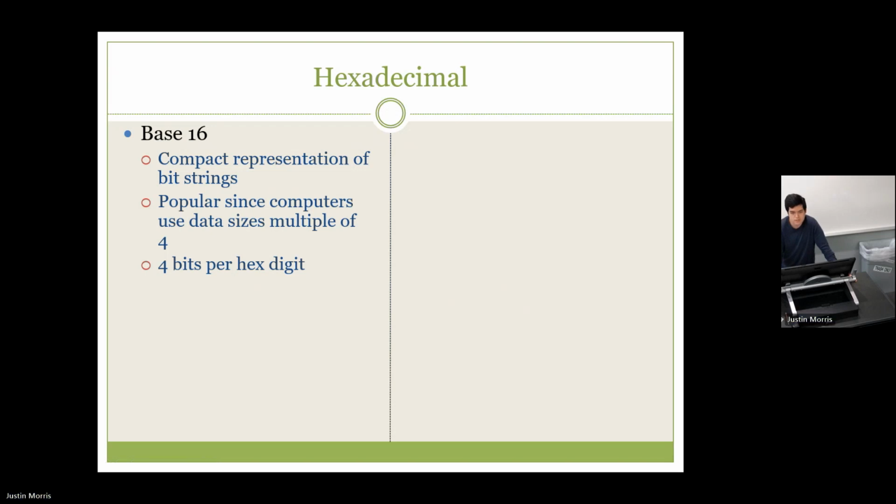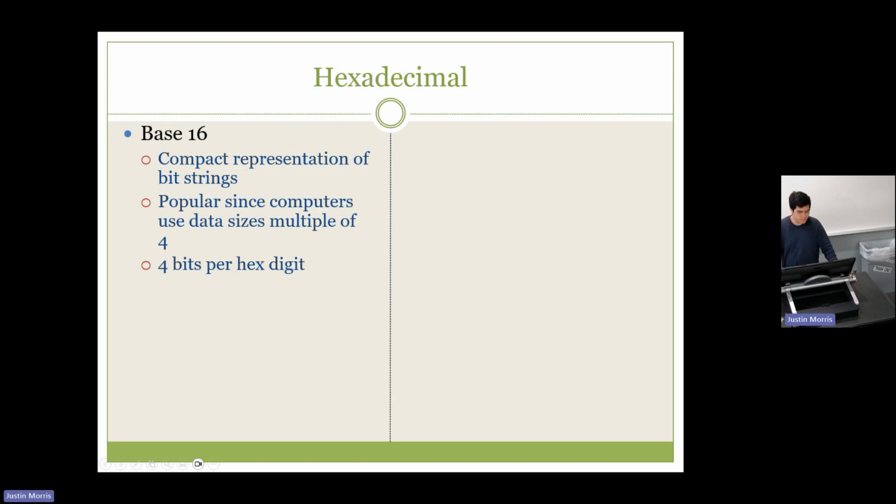Not 2. 32 divided by what? Okay, so 32 divided by 4 is 8. So I would look at 8 digits rather than 32.